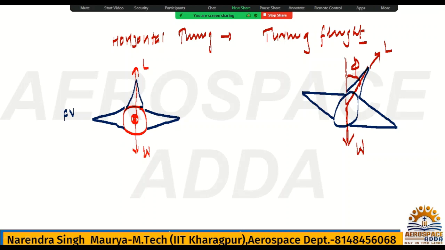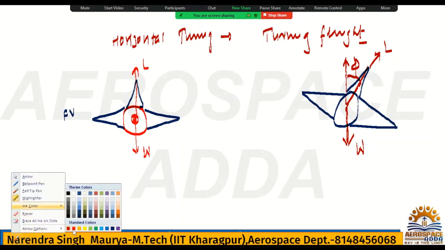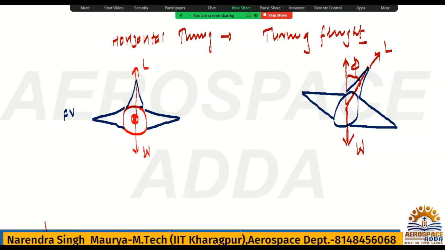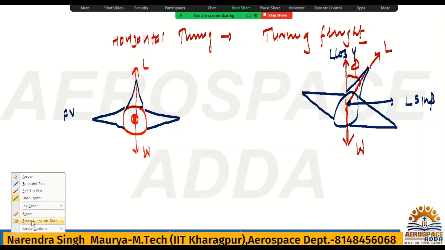So obviously, if it is phi, then this component will be L cos phi, and this component will be L sin phi. Agree?